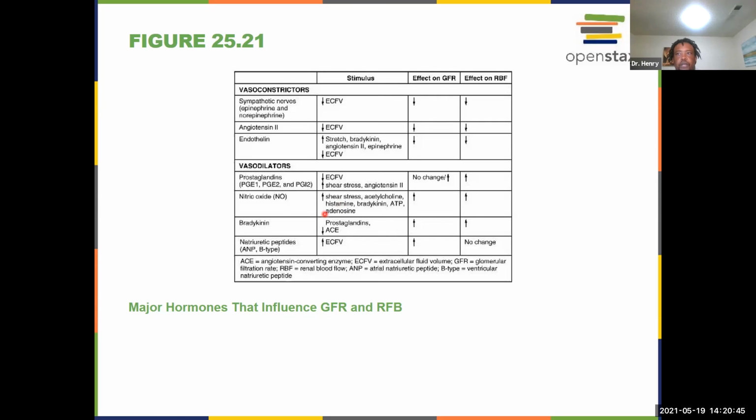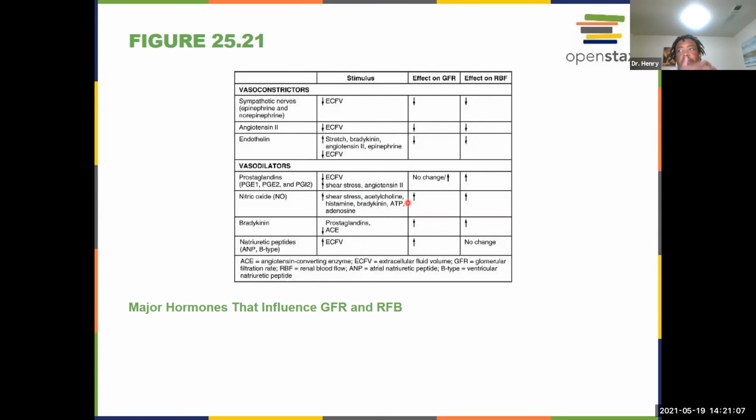In the case of nitric oxide, it's going to cause the stimulation of histamines, bradykinin, ATP, adenosine, and acetylcholine.